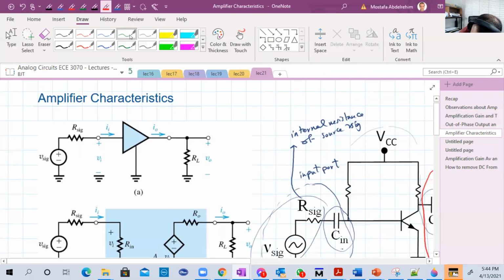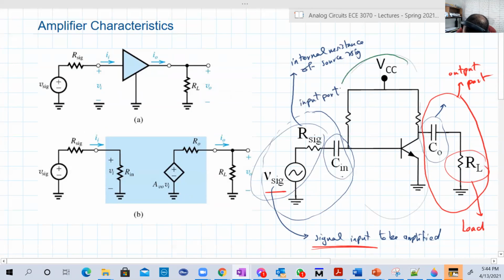Finally, the most important part, part 3, the amplifier circuit itself. It's a transistor and some resistors and some sources like VCC for biasing. So we have three parts here: the input part, the output part, and the amplifier circuit itself.